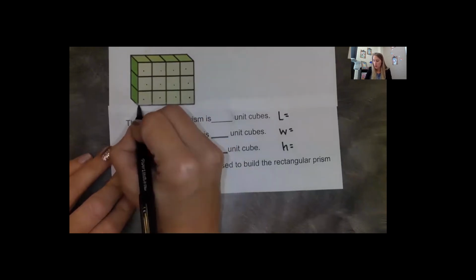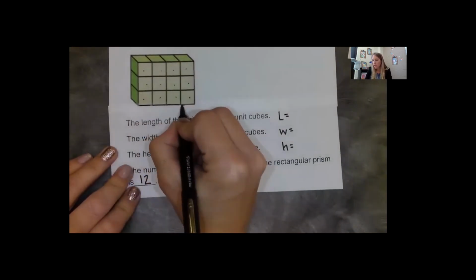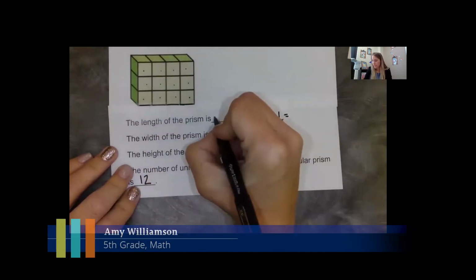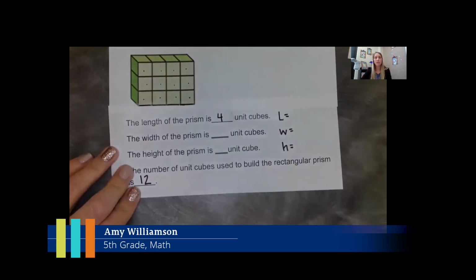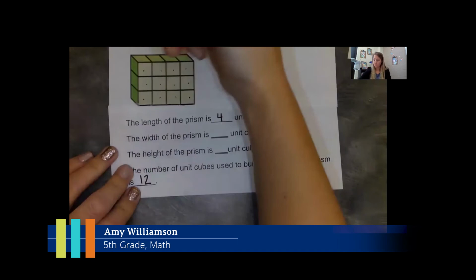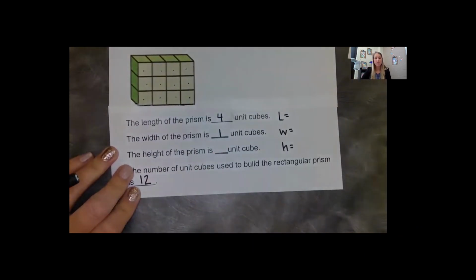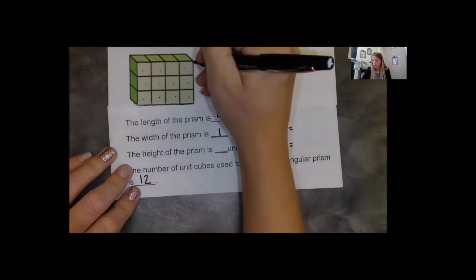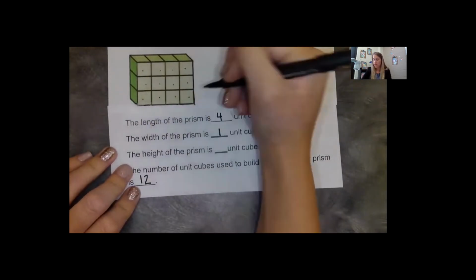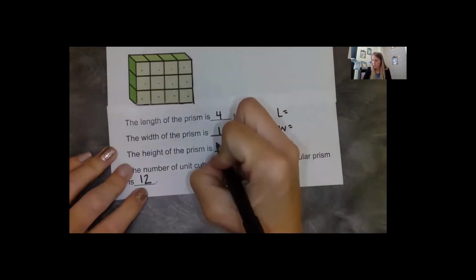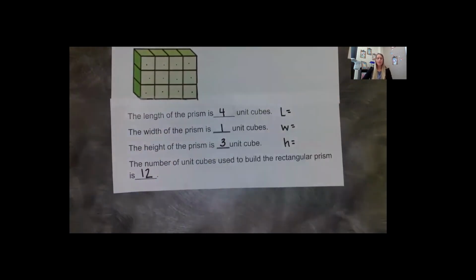Count with me. 1, 2, 3, 4. This rectangular prism is 4 units long. What about the width? 1 unit wide. And what about the height? 1, 2, 3, 3 units high.